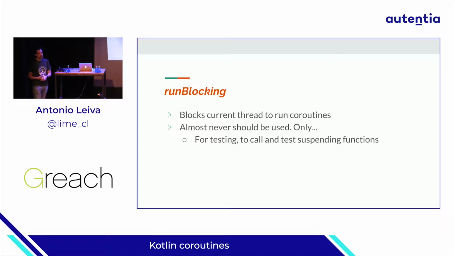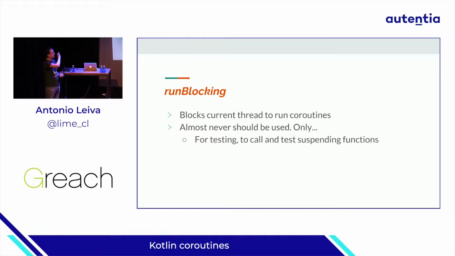This coroutine builder will block the current thread to run the coroutines and the suspending functions that are inside of it. It should almost never be used, only in the case that you are doing some tests, for instance, because as we need to wait until the call to the suspending function is finished before finishing the test, this run blocking is very useful to block that test until the suspending function has finished, and we can check some things over the result.